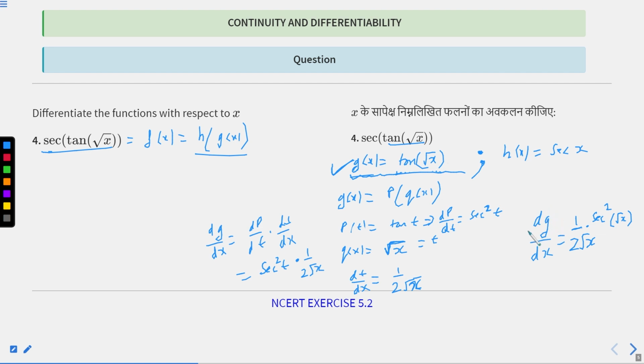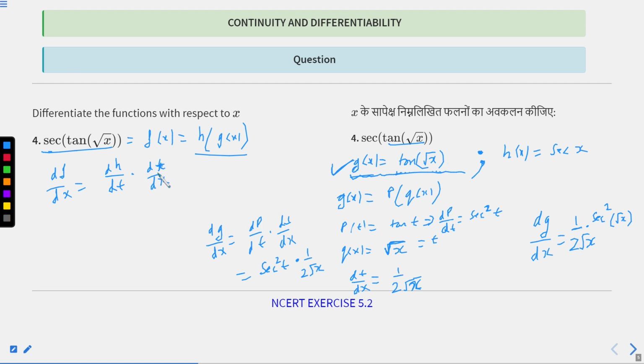Now I have evaluated dg by dx. So df by dx will be dh by dt and dt by dx, this sort of thing. I want this sort of thing.